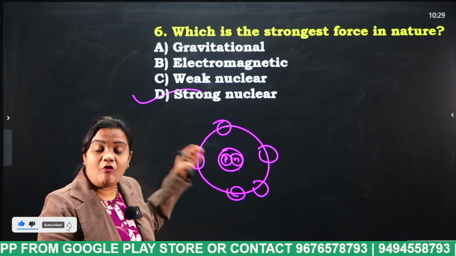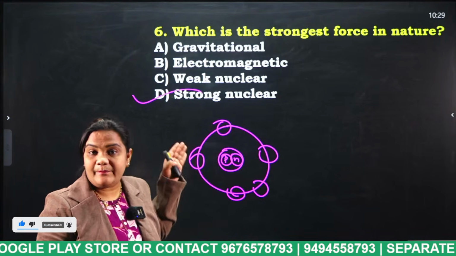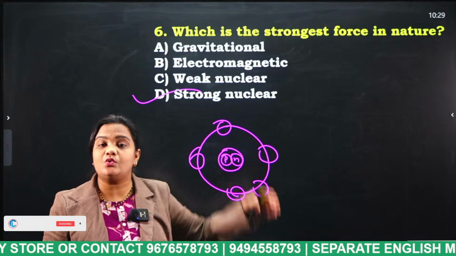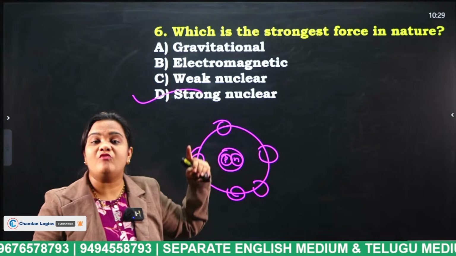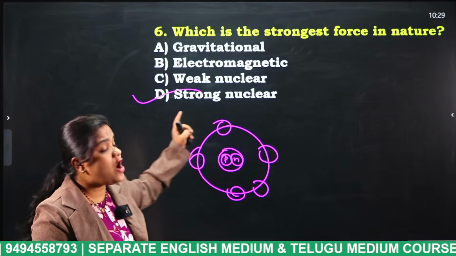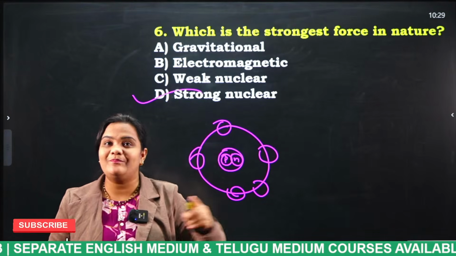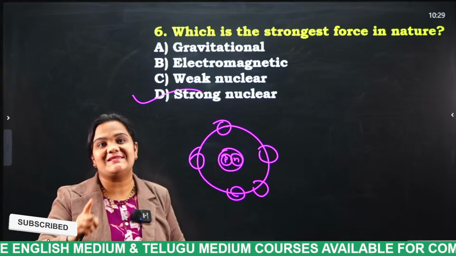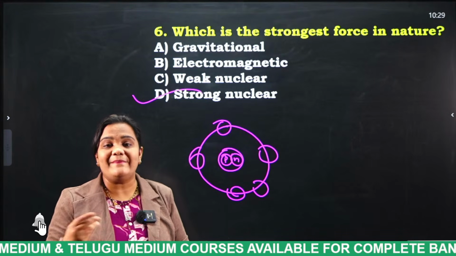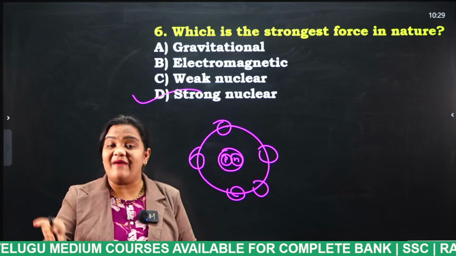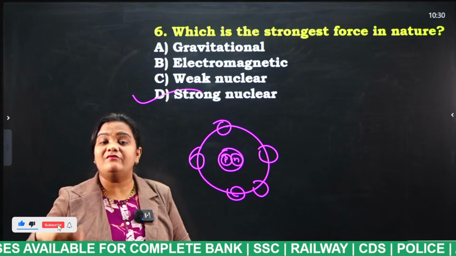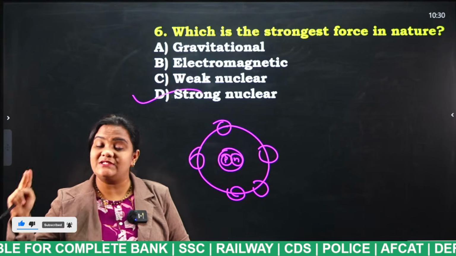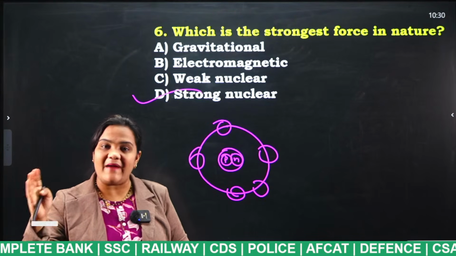The force which is binding the proton and neutron in the nucleus is going to be the strongest force in nature. And what is the name of that force? Strong nuclear force. Very, very important. Yes, the weakest is gravitational force. Why? Because when we travel at the escape velocity of 11.2 kilometers per second, we can escape from gravitational force, right?